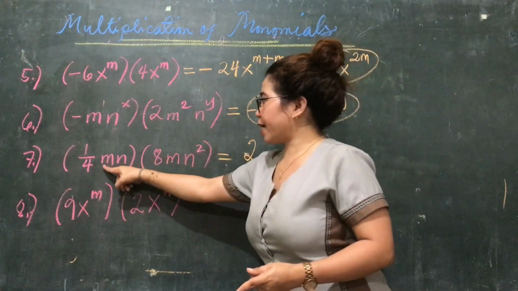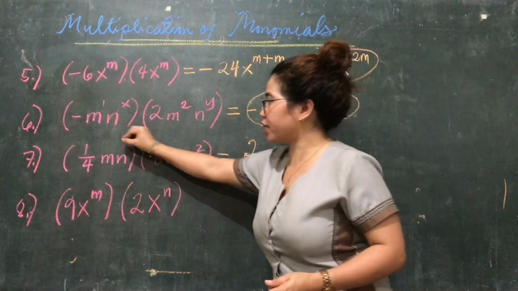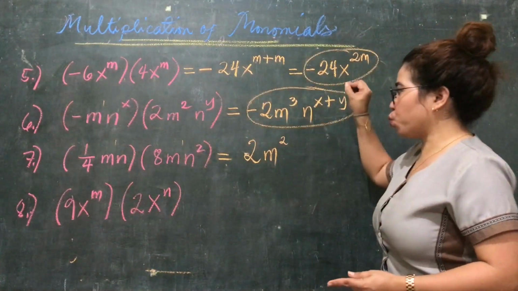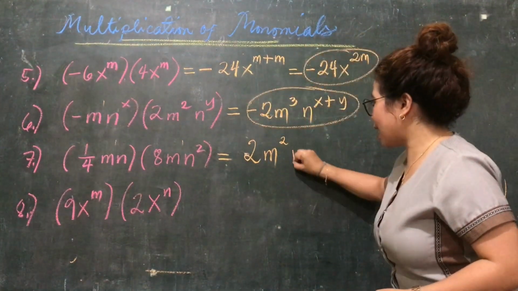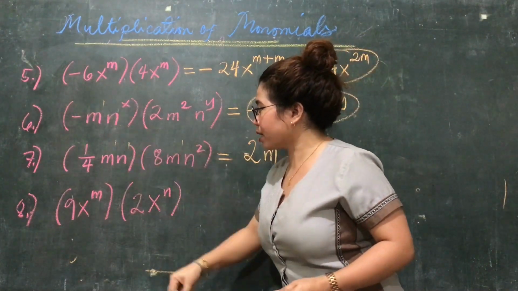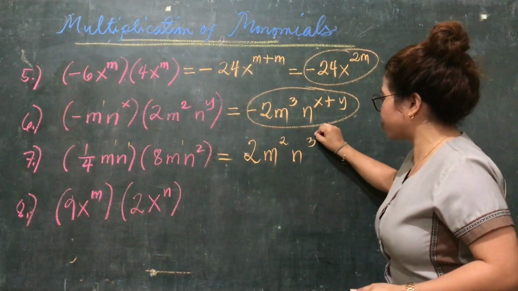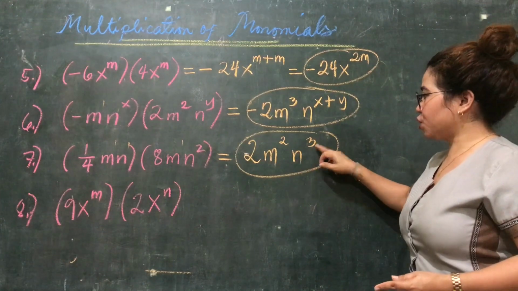Sunod, naa m diri, naay m, isa lang ang sulat, and then power nila, 1 plus 1, you have 2. Next is n. Naay n diri, isa lang ang isulat nga n, and then naa si n nay power nga 1, 1 plus 2, you have 3. So the answer is 2m squared n cubed.